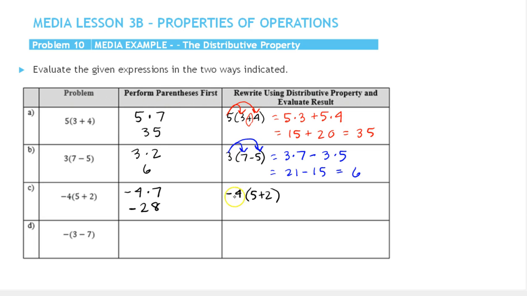Now, the number up front is negative 4, so we need to multiply negative 4 times 5 and then add negative 4 times 2. So I'm going to put the negative 4 in parentheses. Negative 4 times 5 plus negative 4 times 2.